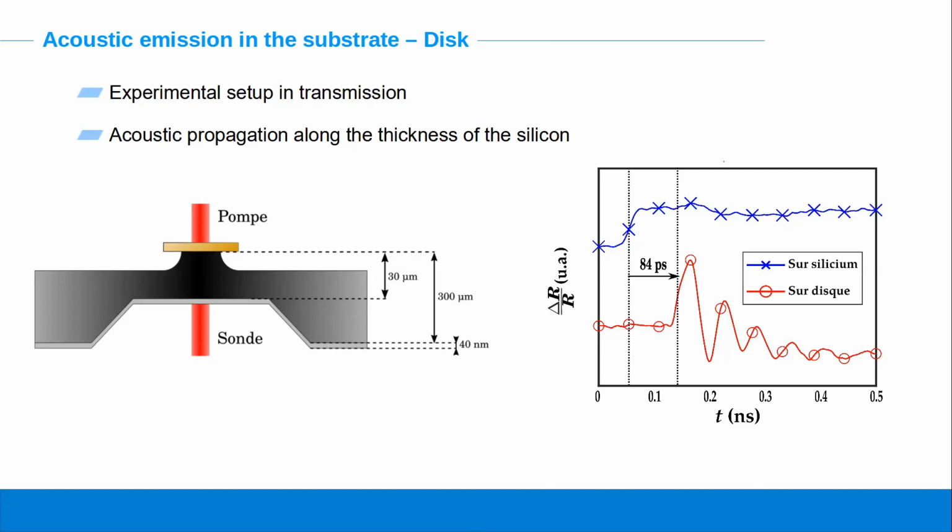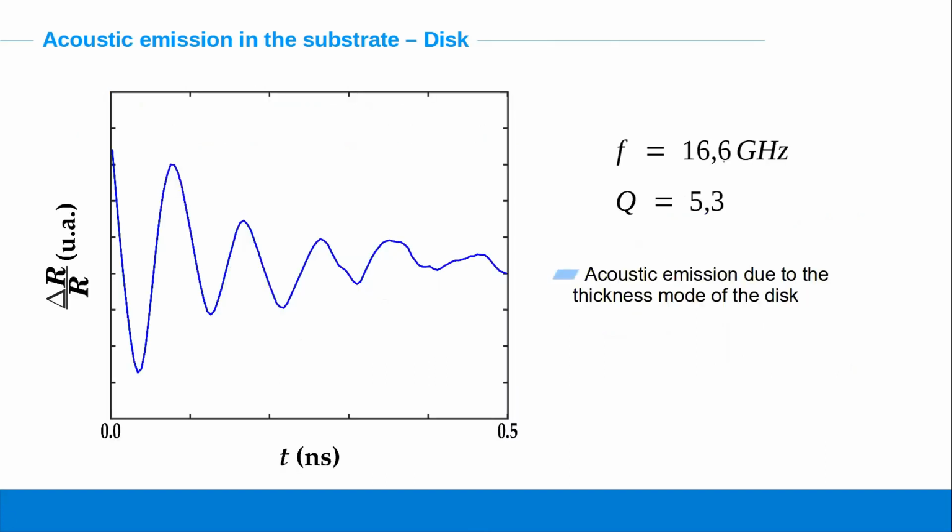And there is also a delay due to the height of the silicon cone. And this oscillation can be extracted and investigated, and we will find a frequency, also a quality factor, similar to the one obtained in the case of the thickness mode of the disk, proving that when the disk is vibrating along its thickness mode, it emits waves at the same frequency in the silicon substrate.